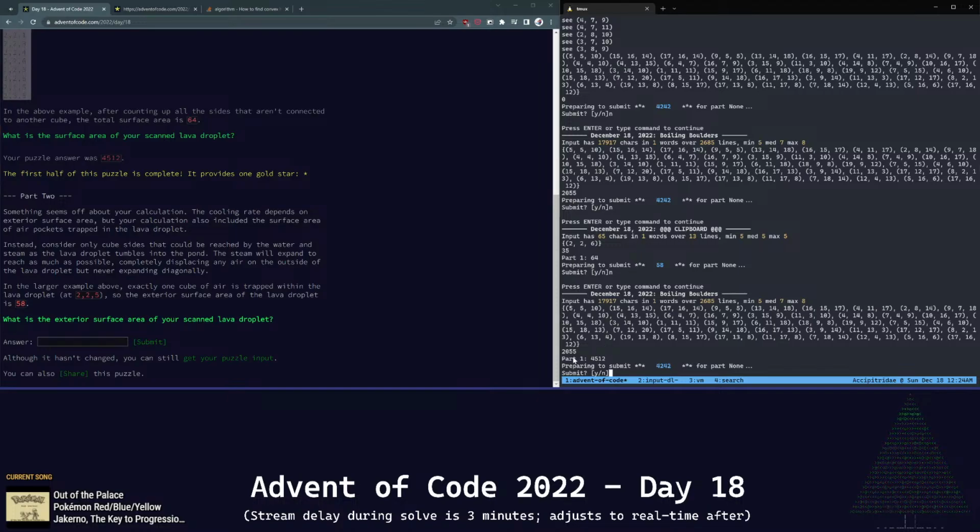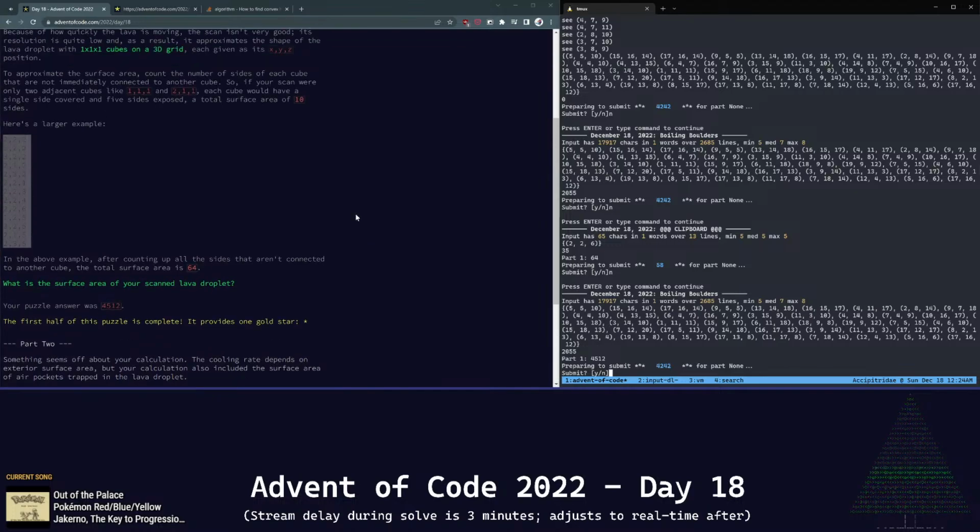Wait, this is the length of the difference between the sets? Oh, I guess because those are cubes and then... These are faces.